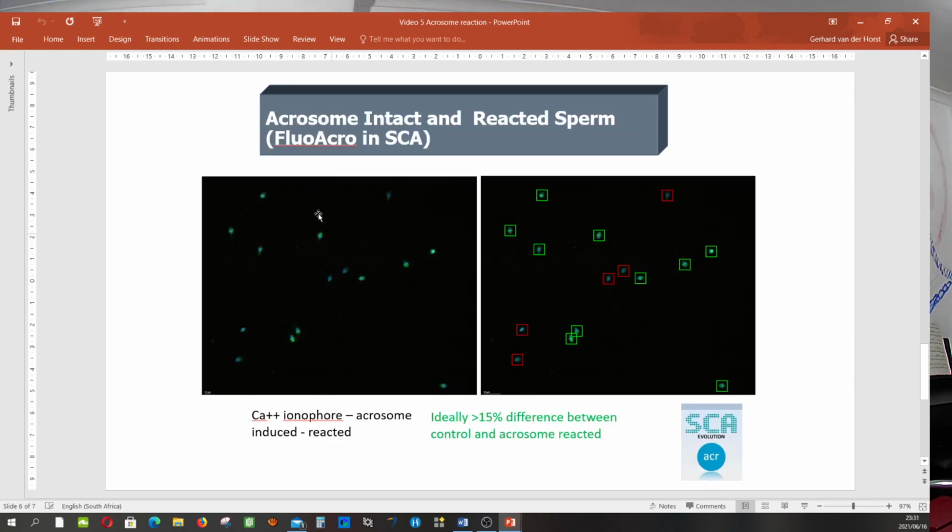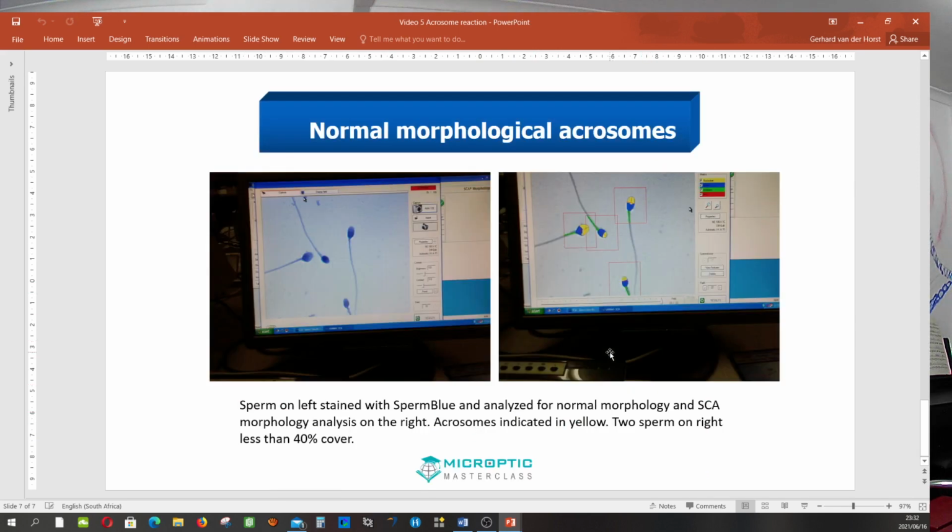But now, more important is not only intact and reacted sperm, but what happens if we apply the calcium ionophore. In other words, we induce the acrosome reaction. And ideally, there needs to be a 15% difference between the control and the acrosome reacted sperm. And you can clearly see how well the system recognizes those that are acrosome reacted.